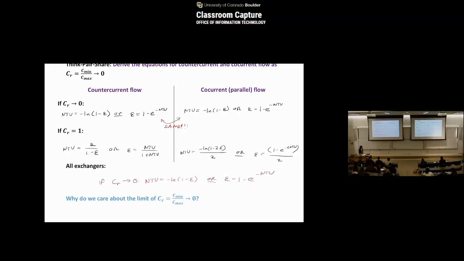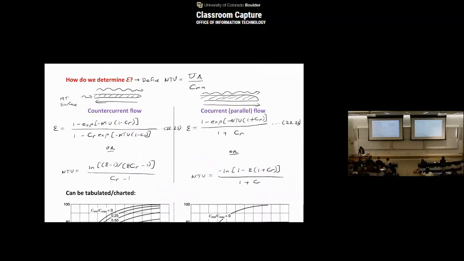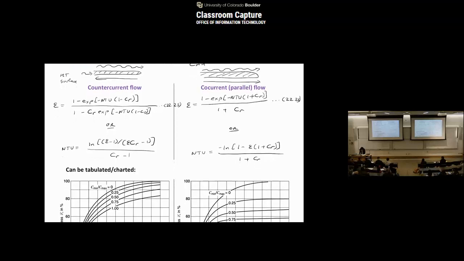I have a quick question. So for the NTU equation for countercurrent, if the denominator is CR minus 1, wouldn't 1 minus 1 be 0? That is a fantastic question. I'm going to defer to Professor Springer. So for the countercurrent flow NTU equation, it's CR minus 1, and so if CR is 1, you divide by 0.